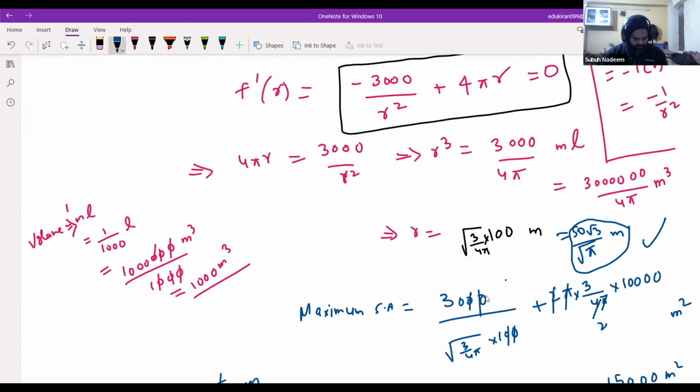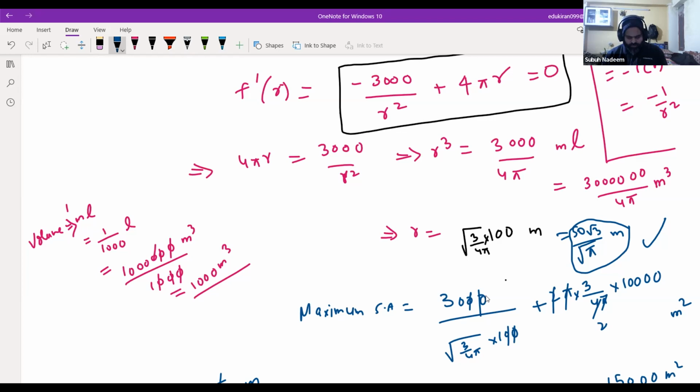Let me see the conversion. 1 liter is 0.001 meter cube, 10 to the power minus 3 meter cube.